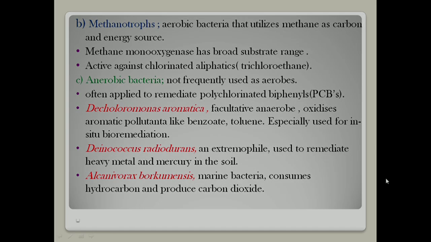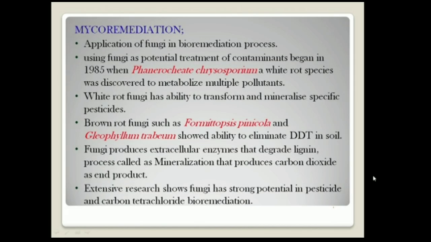Next, fungi in bioremediation. Using fungi as a potential treatment of contaminants began in the year 1985 when Phanerochaete chrysosporium, a white rot species, was discovered to metabolize multiple key environmental pollutants.